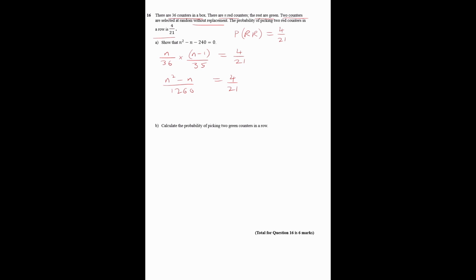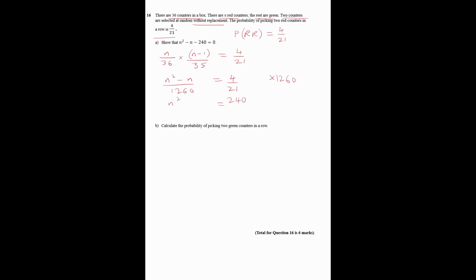If I multiply the whole equation by 1260, 4 over 21 times 1260 is 240.